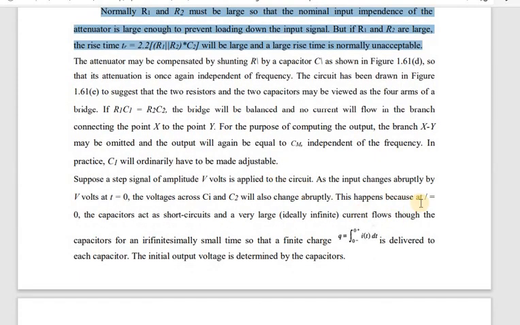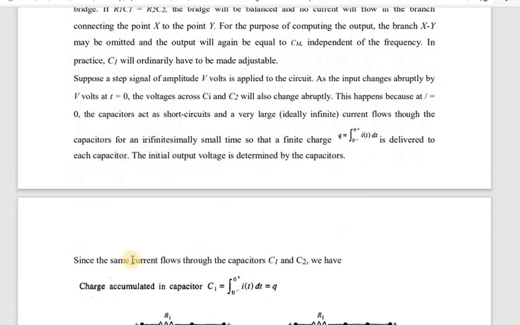So this will happen at V1 equals 0, and the capacitor acts as a short circuit, and a very large or infinite current will flow through the capacitor within a very small time, so that the final charge, Q equals the integral from 0 to 0 of i(t) dt, is delivered to each capacitor, and the initial output is determined by each capacitor.